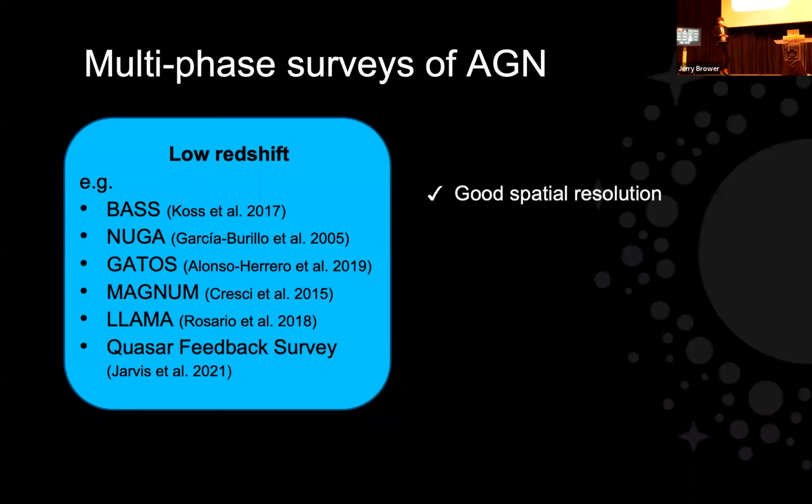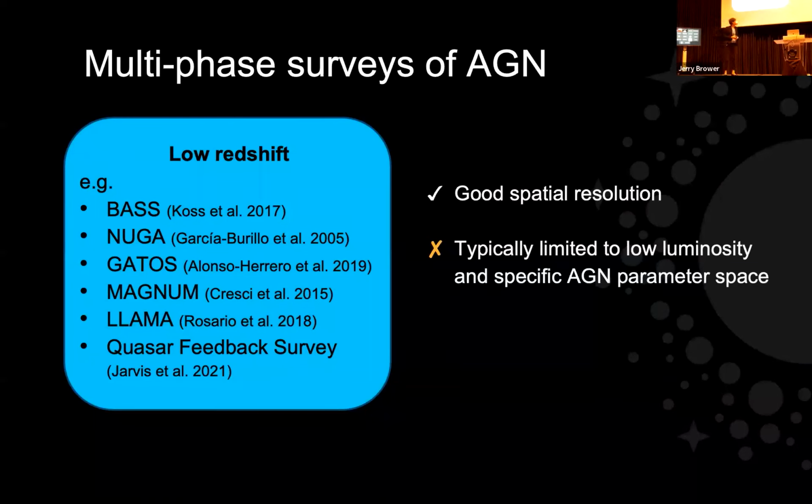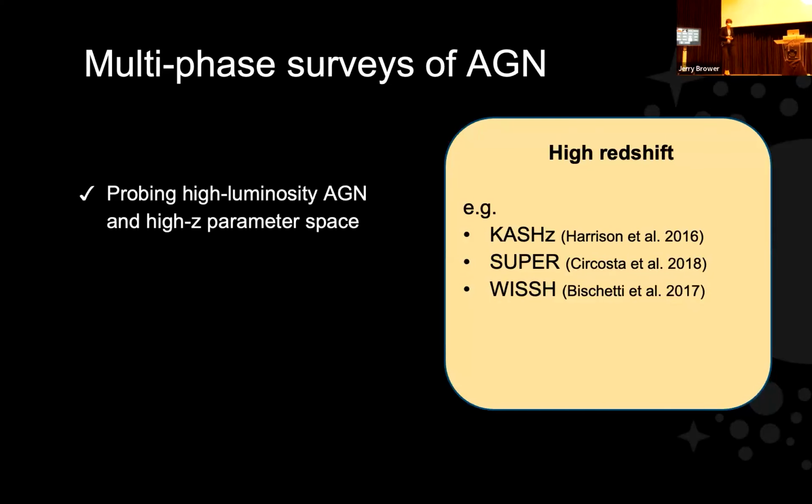However, such surveys are often limited to lower luminosity AGN because they are studying the low redshift universe, which may not be fully representative of the conditions in the higher redshift universe, and also sometimes limited to a more specific AGN parameter space. On the contrary, looking at surveys in the higher redshift universe, you can probe the AGN luminosities that are more representative of the high redshift conditions where we expect major feedback to happen.